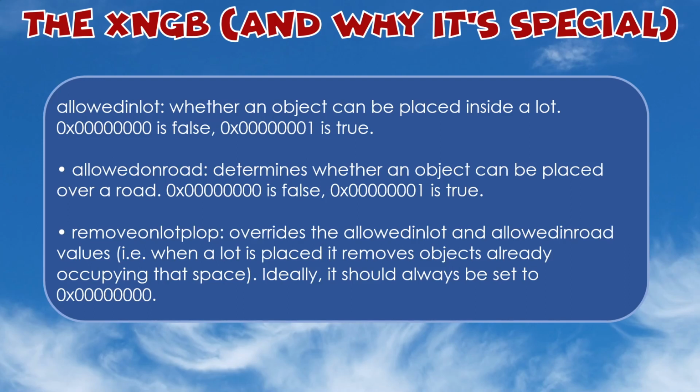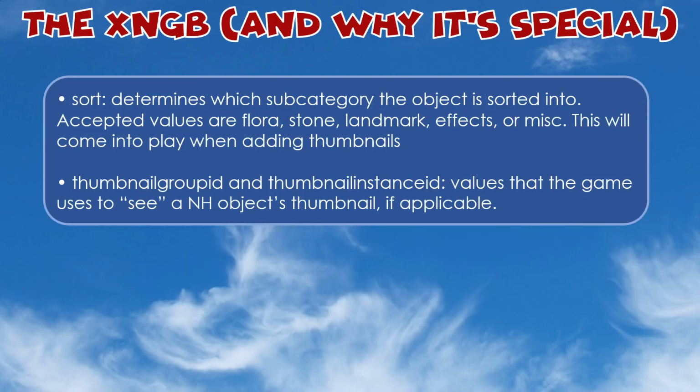Remove on lot plop. So essentially this overrides allowed in lot and allowed in road values. As in, when it's placed on a lot, it removes the object that's occupying that space. Ideally, this should always be set to 0. Sort. This determines the subcategory the object is sorted into, so we have 5 of those in neighborhood objects.